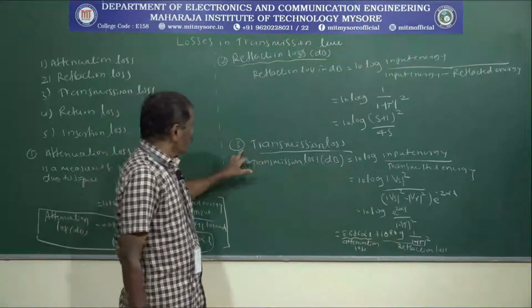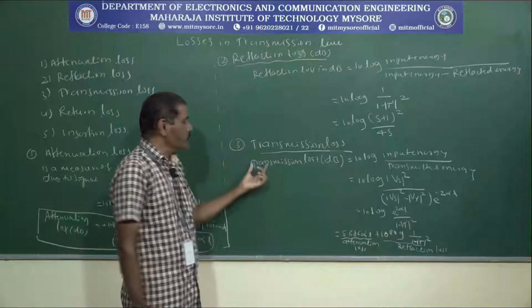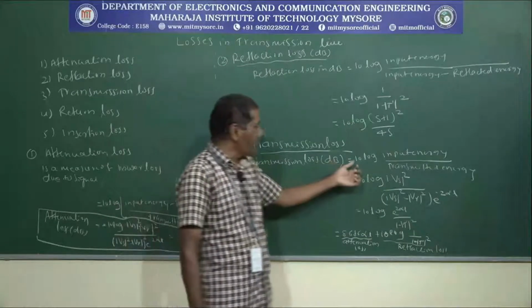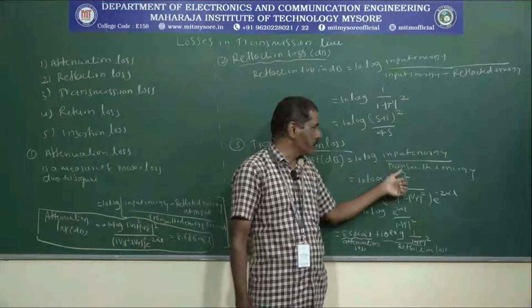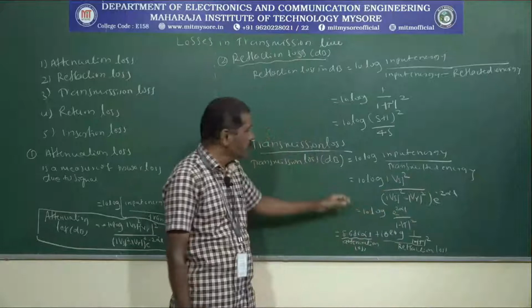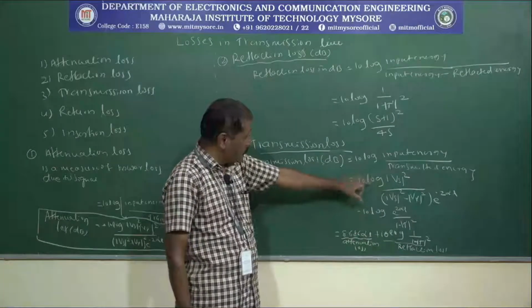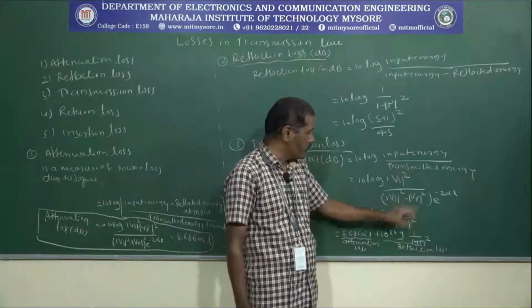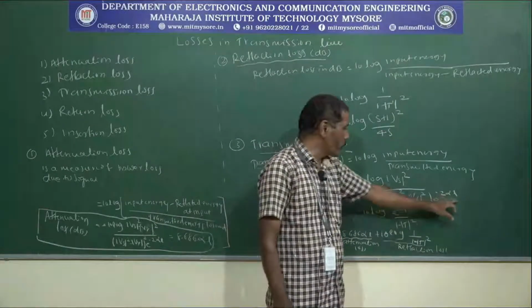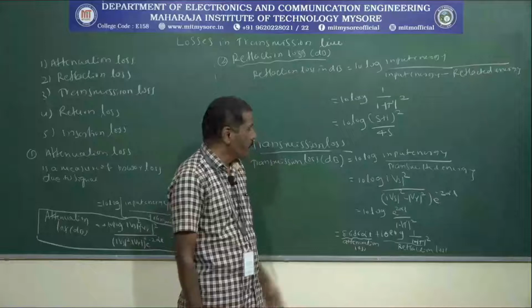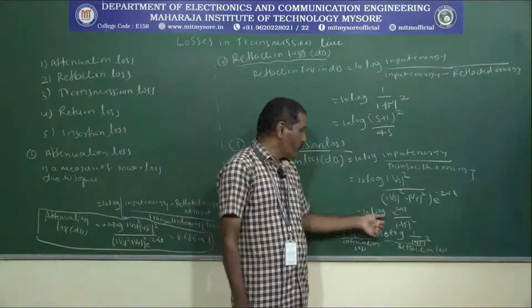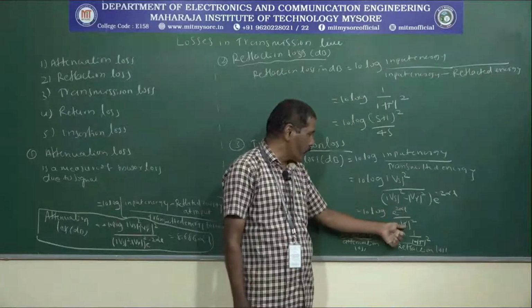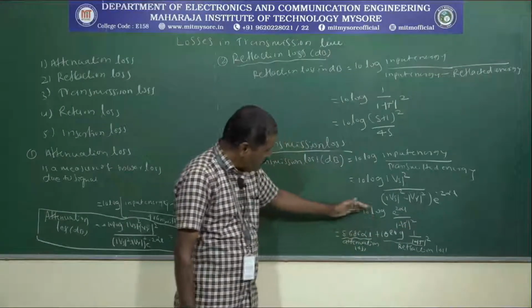Now the third loss is the transmission loss. The transmission loss is calculated from 10 log of input energy divided by the transmitted energy. This can be rewritten as 10 log of Vs² divided by (Vs² − Vr²) e^(−2αL). So then 10 log of e^(2αL) divided by (1 − tau squared).